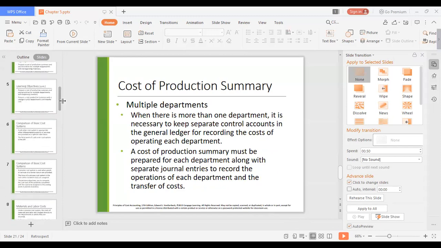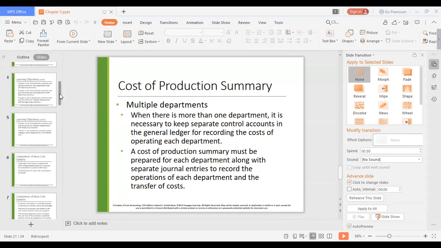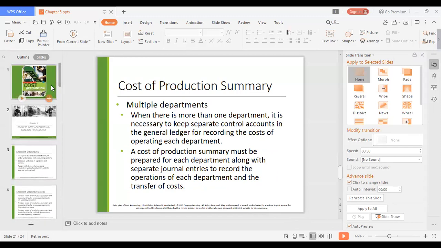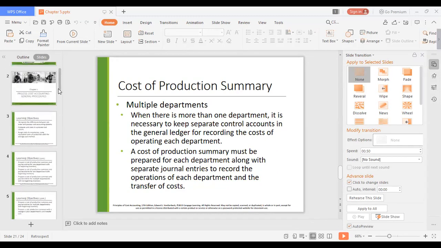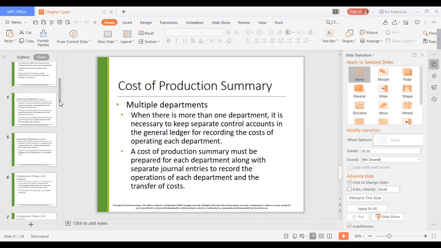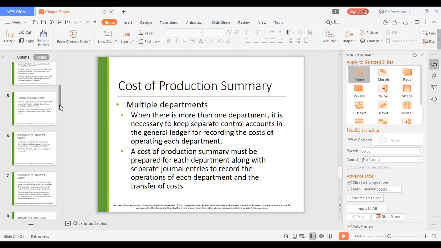Okay, now in our problem, let's begin with exercise 5-1. Exercise 5-1 involves a determination of completed units or equivalent production.